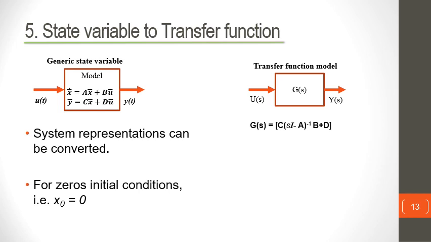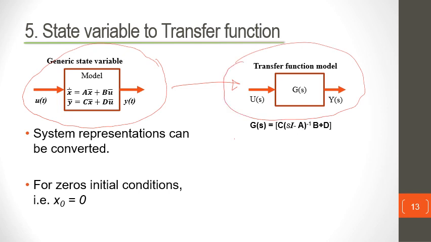Now, there is a way in which, under suitable conditions, we can convert from a generic state variable form into the transfer function model. The reason is we have a lot more tools for analyzing control systems using the transfer function model, so sometimes we may need to convert from the state variable to the transfer function.